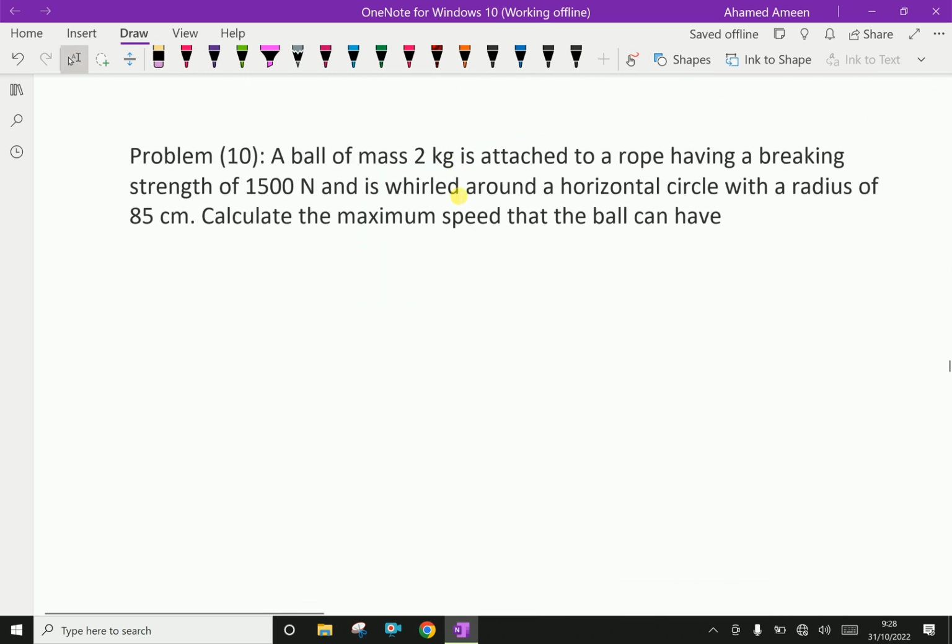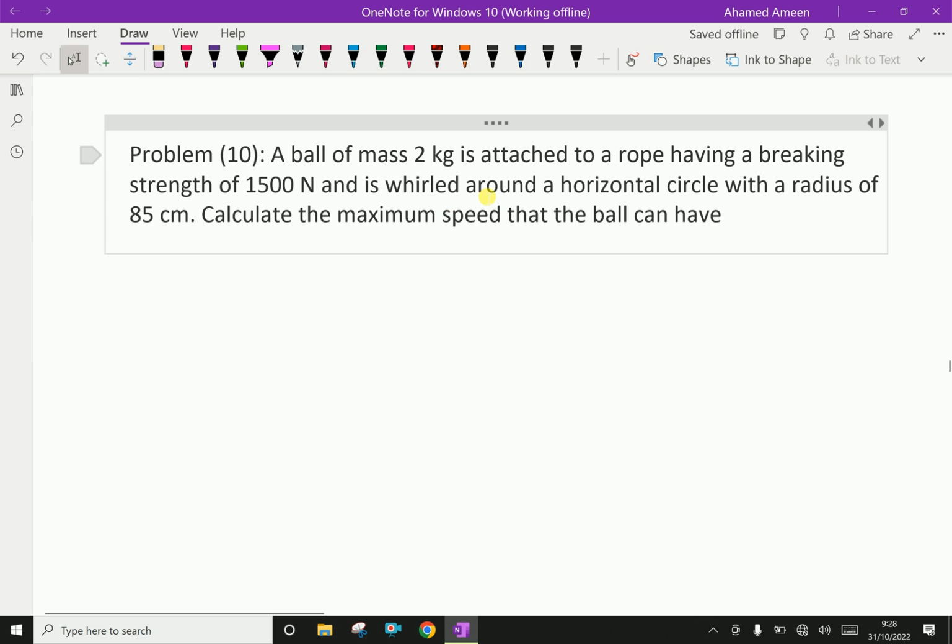Next question. A ball of mass 2 kg is attached to a rope having breaking strength of 1500 Newton and is wheeled around a horizontal circle with a radius of 85 centimeter. Calculate the maximum speed that the ball can have.